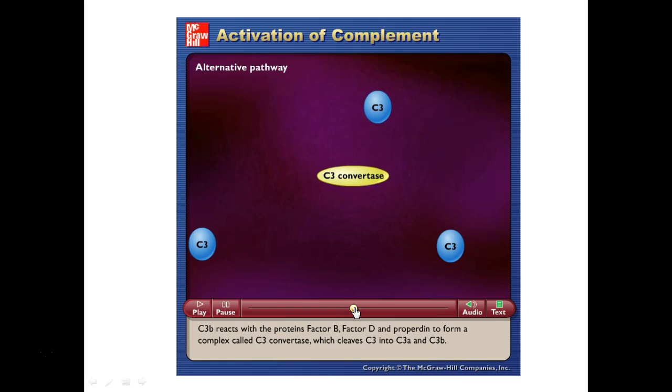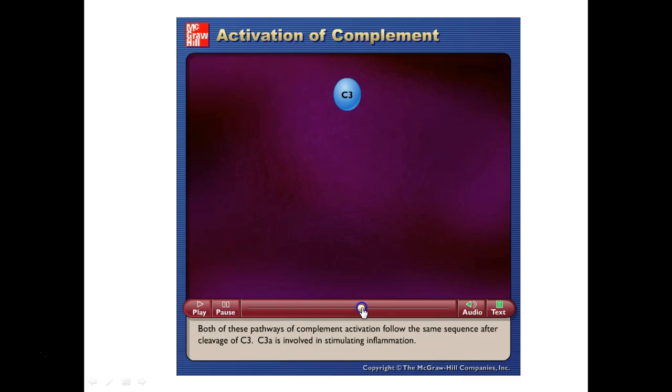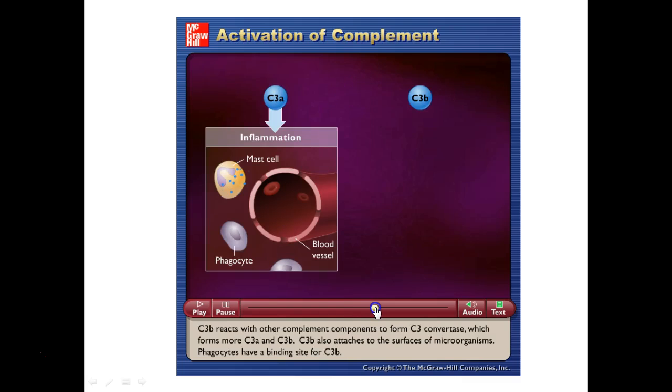So one of the important things about C3a is that, and they show it really good in this animation. You see that mast cell right there? He's degranulating. He's releasing histamine. Remember, what effect does that have on the blood vessels in the area?